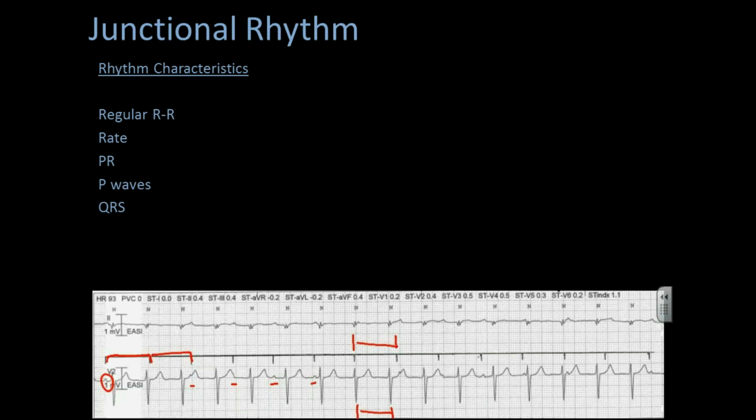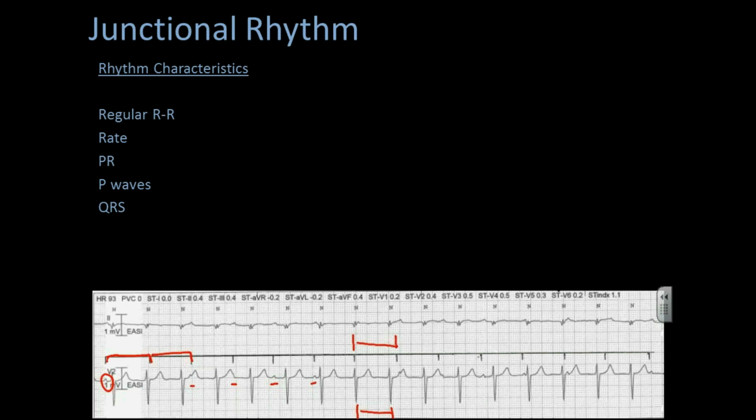So this is a case, again, where the AV node is pacing faster than the SA node can pace. And so you have this kind of competition between the AV node and the SA node. So when you see this, that's what's happening. The AV node is outpacing the SA node, causing the ventricular rate to be faster than the atrial rate. And this does get confusing, but this does happen.